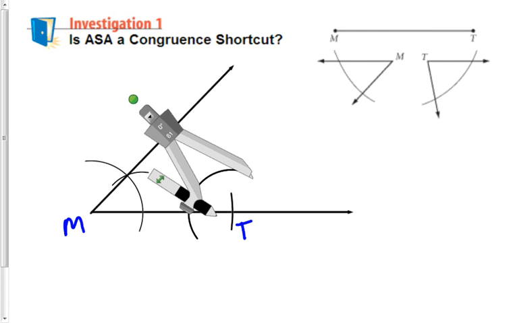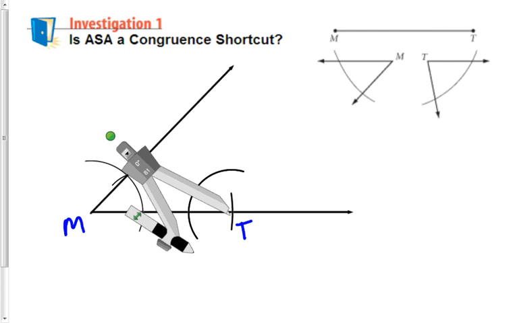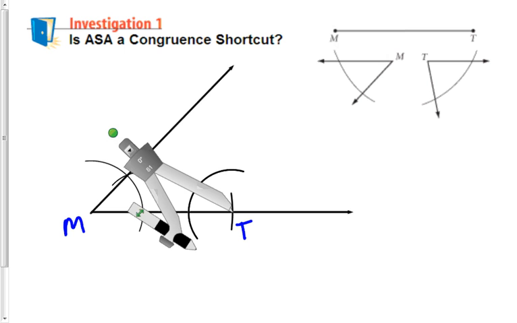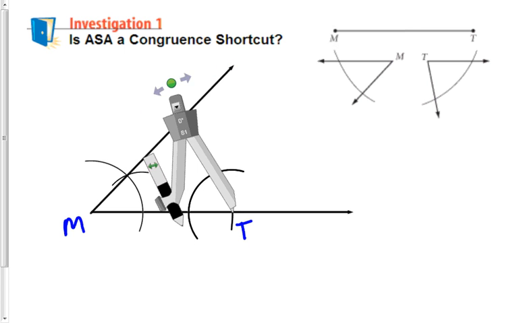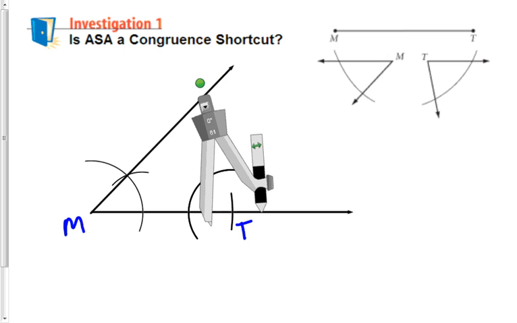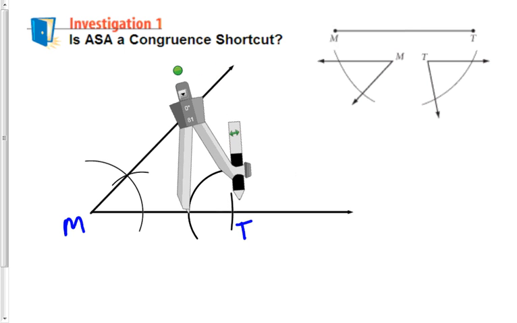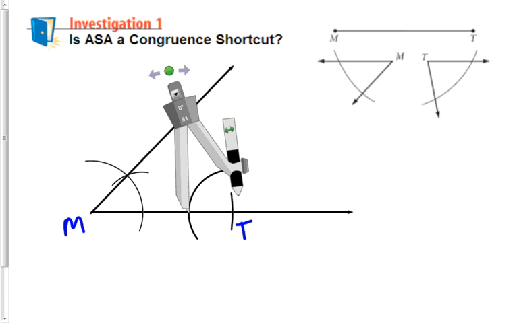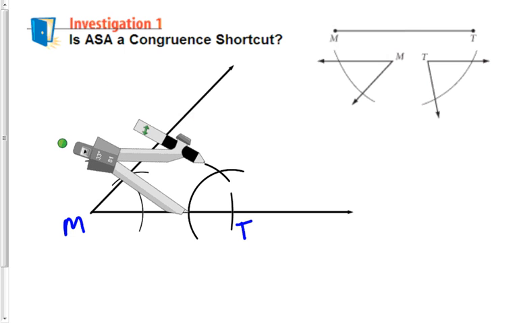Come down here, put my compass on point T. Nope, sorry, not on point T. Need to flip this around. I want it on the intersection of the arc and the ray, because I'm looking for where these arcs intersect.